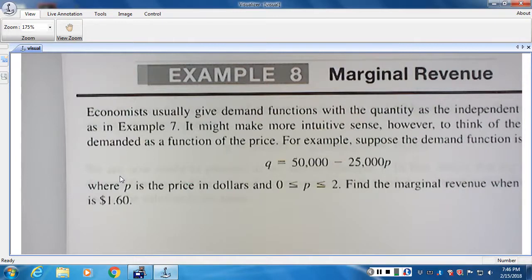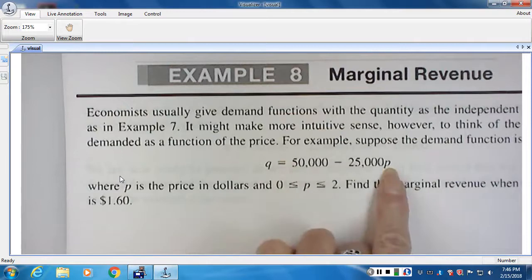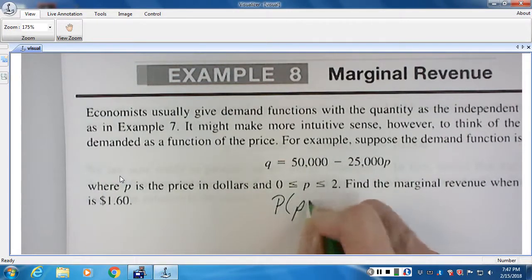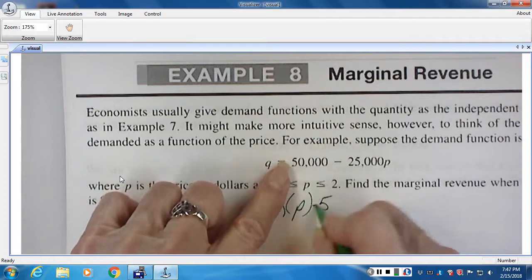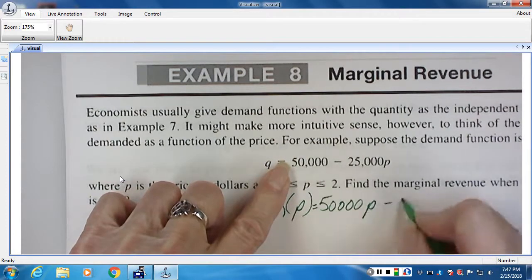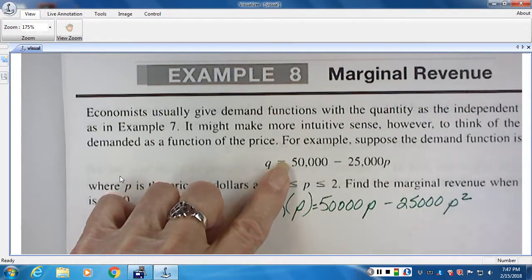So, excuse me. We could have actually done this problem exactly the same way we did it a few minutes ago. We could have taken P times this function and gotten another revenue equation. And the new revenue equation in terms of P would have been 50,000P minus 25,000P squared.